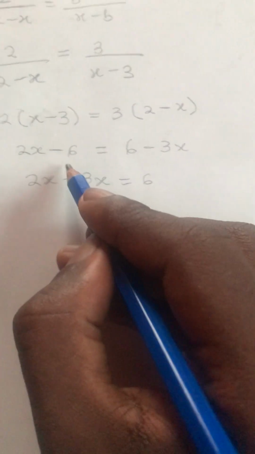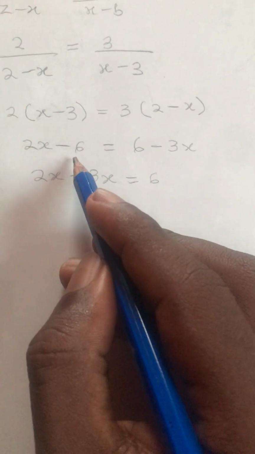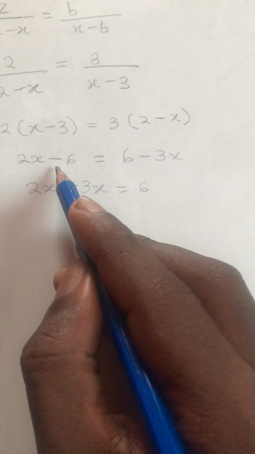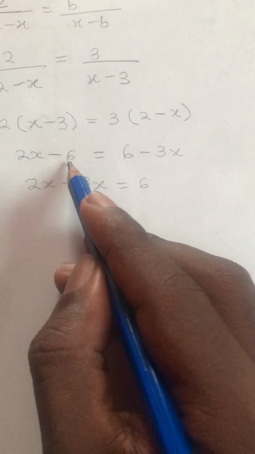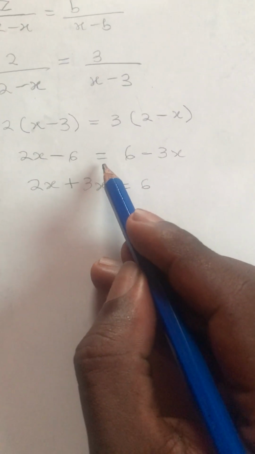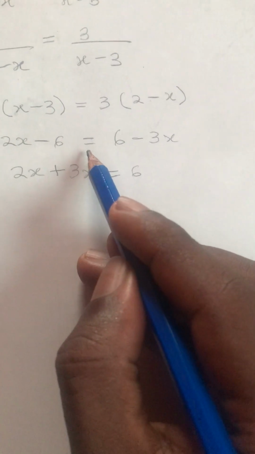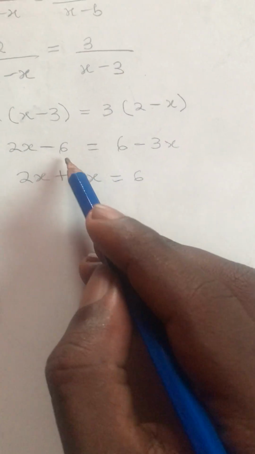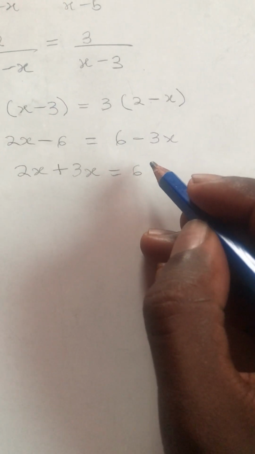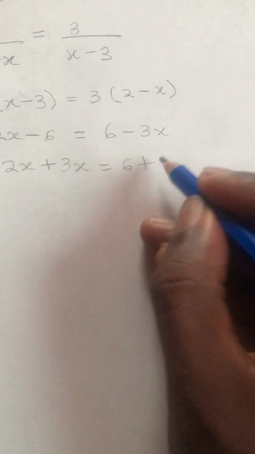And here, when you check our previous equation, which is 2x minus 6, this minus 6 is a negative 6. It will cross the equal to sign and change its form. It will metamorphose into a positive number. So we are going to have negative 6 metamorphosing to positive 6, so we are going to have plus 6.